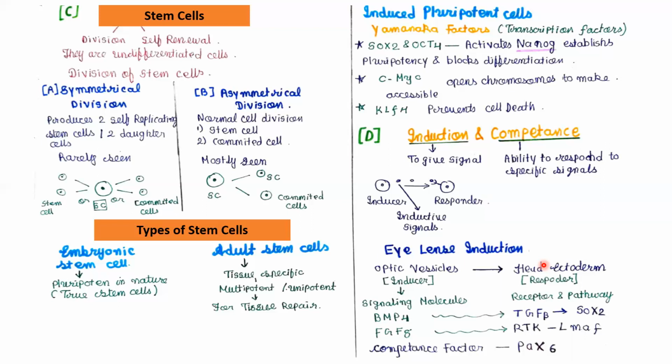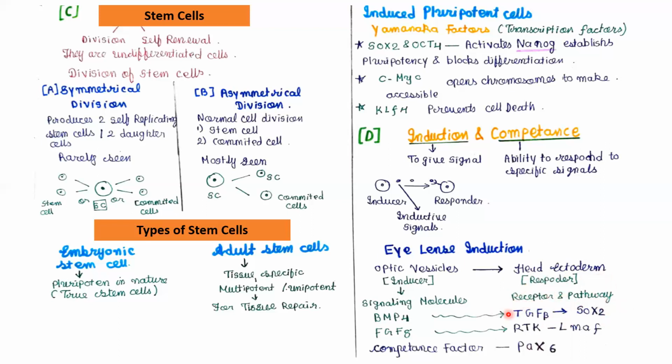The inducer is the optic vesicle, and the head ectoderm is the responding cell. The optic vesicles have certain signaling molecules: BMP4 and FGF8.